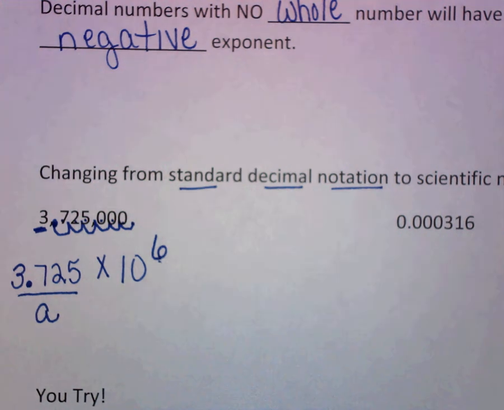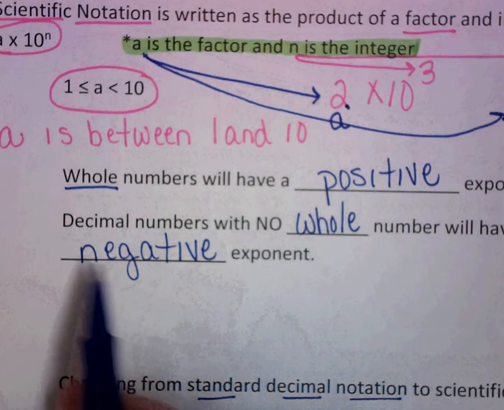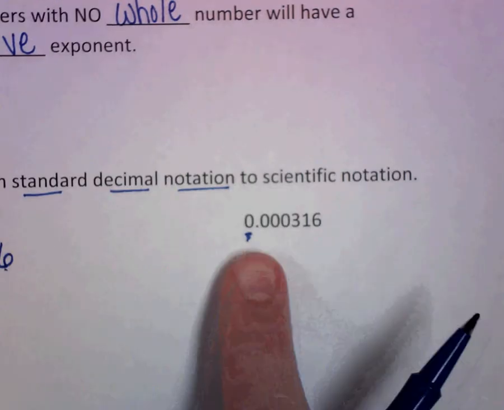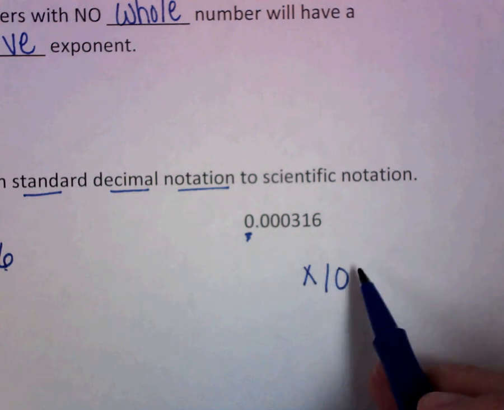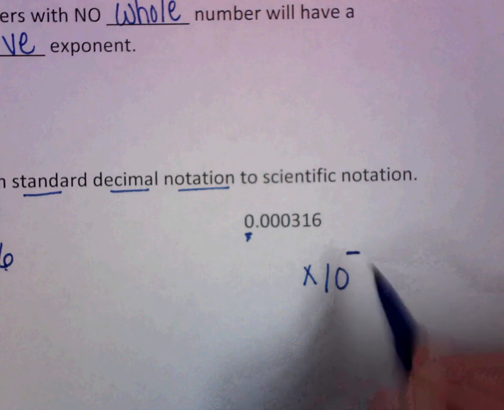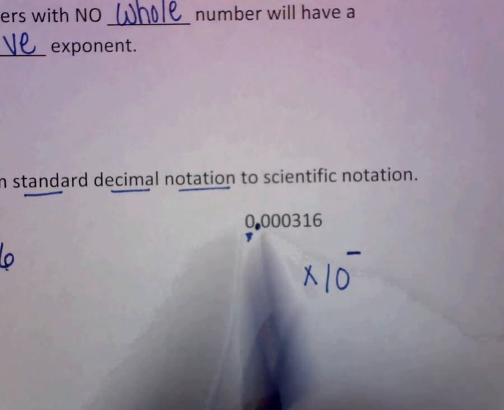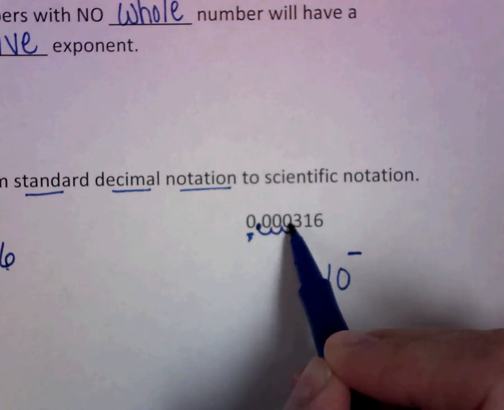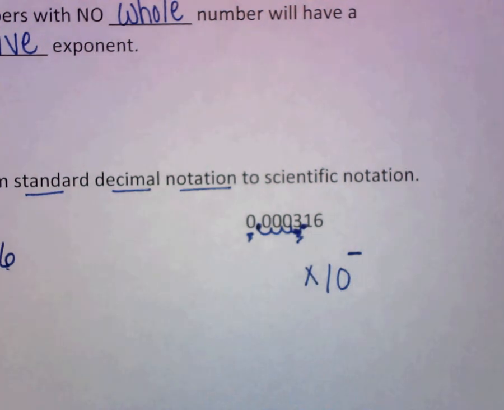Let's see the next one. Notice this one is a decimal. There's no whole number out front. So when we do times 10 to our exponent, it's going to be a negative number. Now let's talk about where we're going to move our decimal. Here is our decimal to begin with, and I want to move it so there's only one digit in front of it that isn't 0.